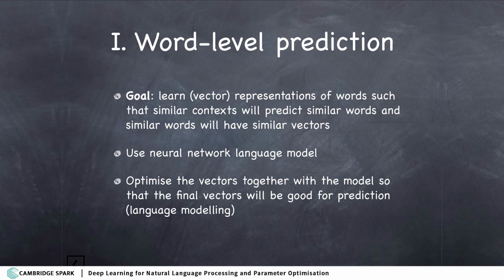In terms of word-level prediction, the goal of this application would be, using the previous context, to predict the next words, something similar to what we've seen with prediction on phones, for example. But this time we're going to use a neural network, and our goal is to optimize the vectors that represent the meaning of the words together with this system, so that the vectors we end up with are going to be good fits for this model in general.